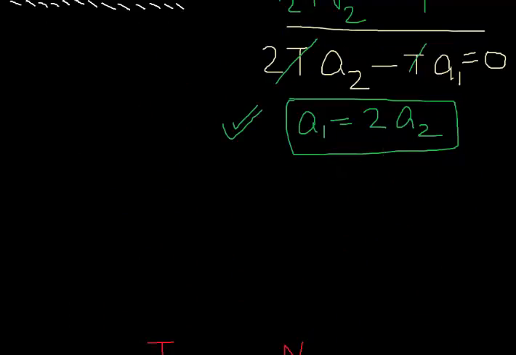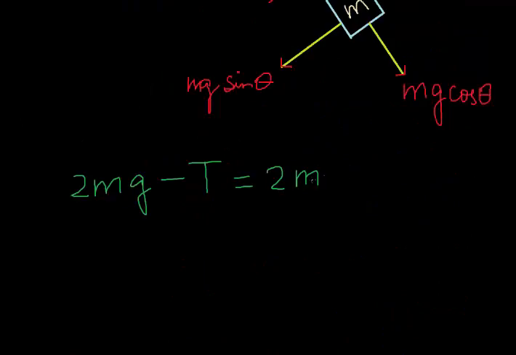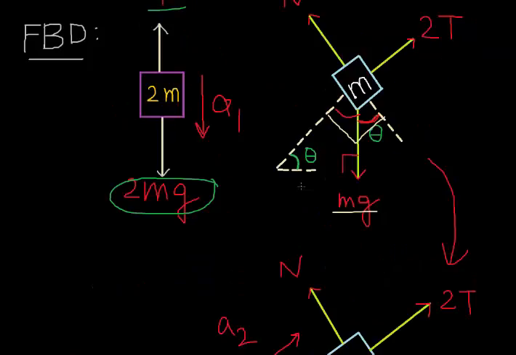The acceleration of this block is a1, and from the constraint equation we know that a1 equals 2a2. So we can write this as 2m into 2a2, which equals 4m a2.